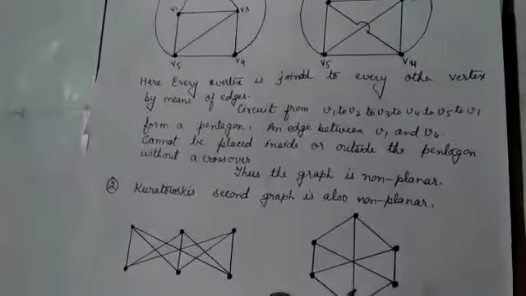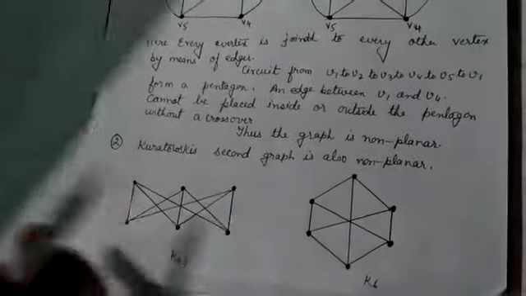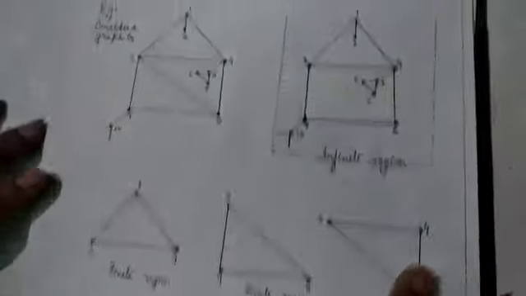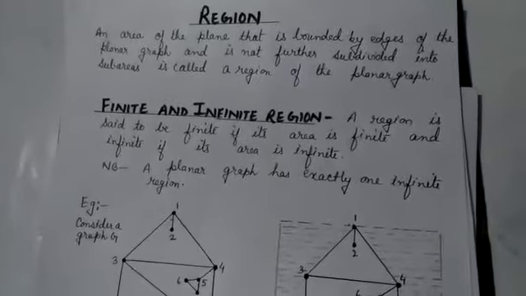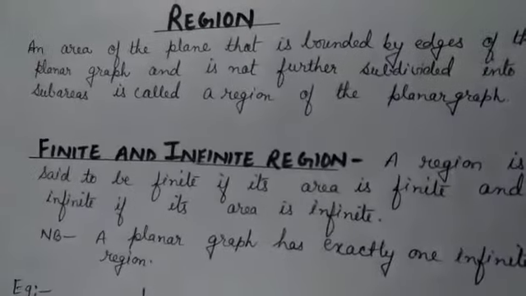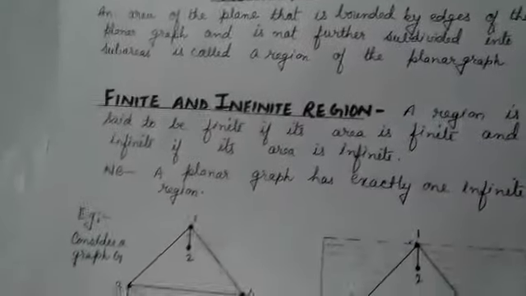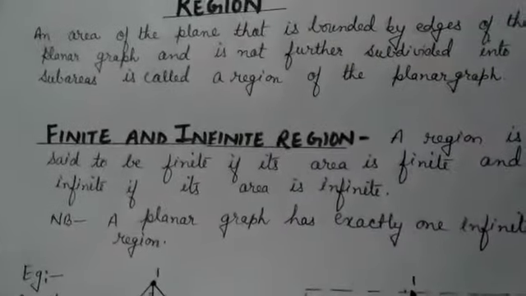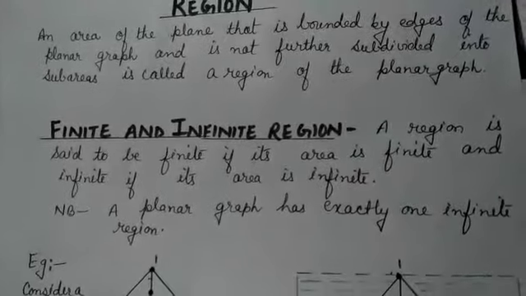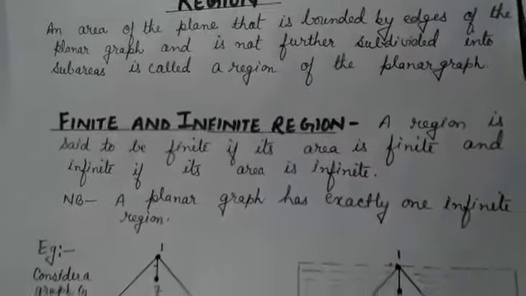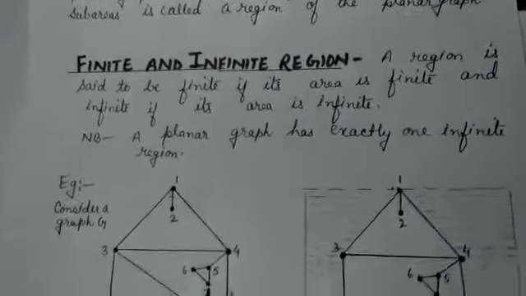Next, we have a term, region. Now what is a region? An area of the plane that is bounded by edges of the planar graph and is not further subdivided into sub-areas is called a region of the planar graph.